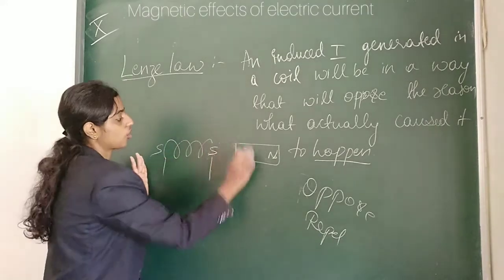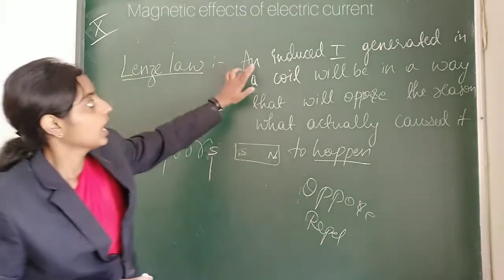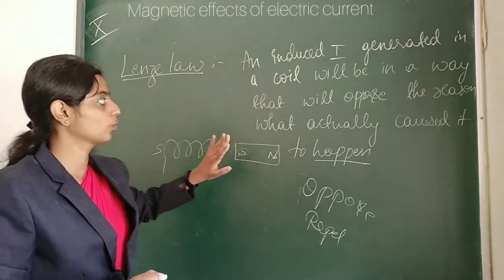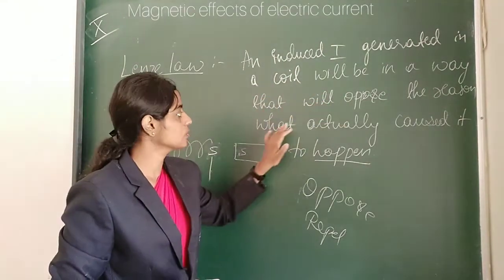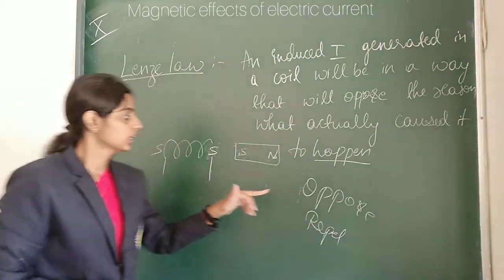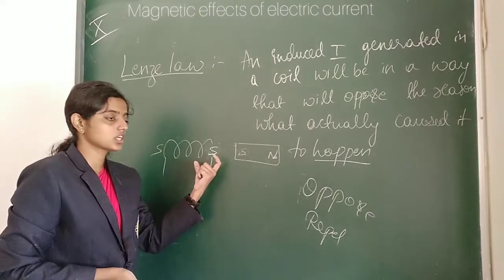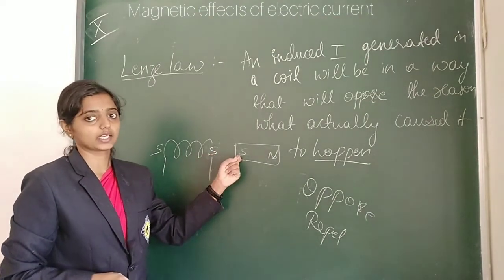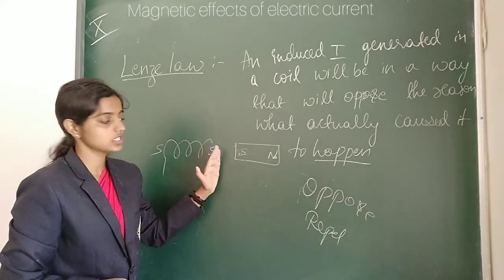So this is all about Lenz's law. I will repeat: an induced current generated in a coil will be in a way that it will oppose the reason what actually caused it to happen. That means to oppose that, this end will also act as the same end as this magnet, just to oppose it.